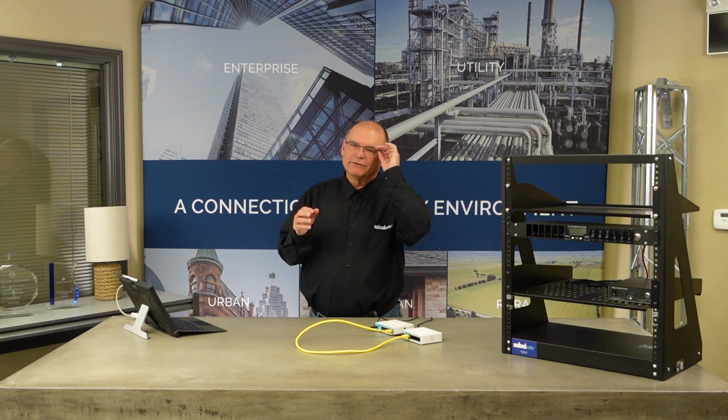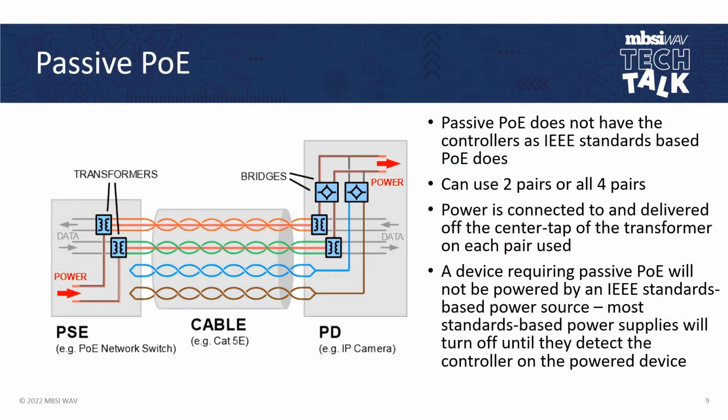As far as PoE goes, there's really a set of standards, and when there is no standard, it's called passive. With passive PoE, you need to make sure that the device that's doing the powering is compatible with the device that's receiving the power.